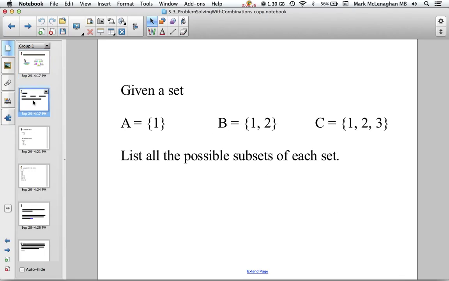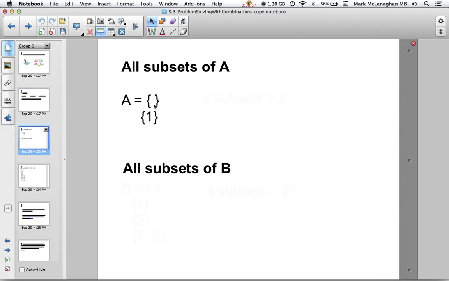So first we need to talk a little bit about set theory again. A set is a list of objects, right? So we can talk about the subsets. Subsets are the number of ways that we can count or group the elements of the set. The subsets of A are just the null set and 1.